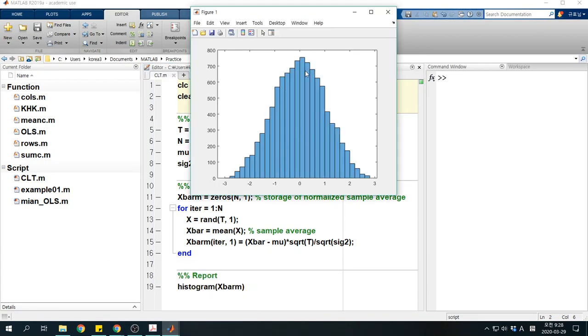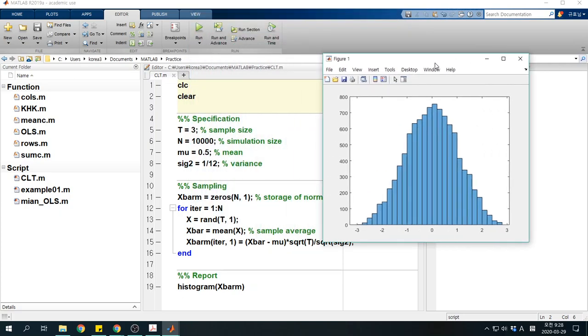So this is the histogram of x bar. It doesn't look like a normal distribution, right?